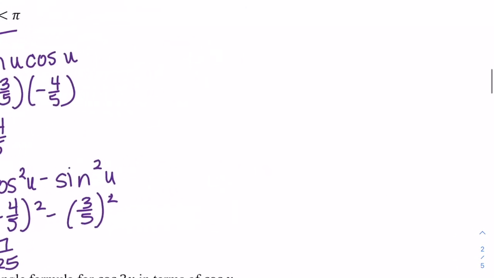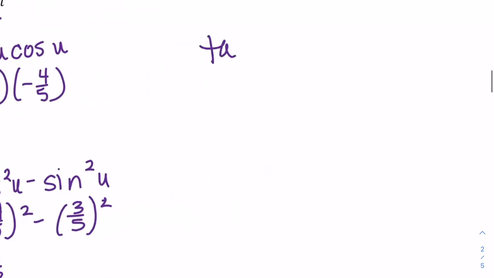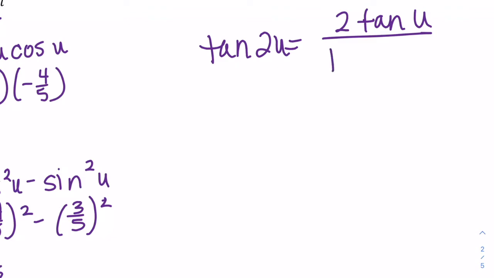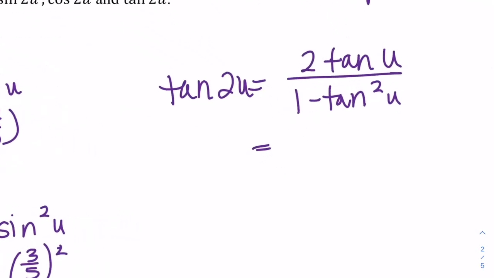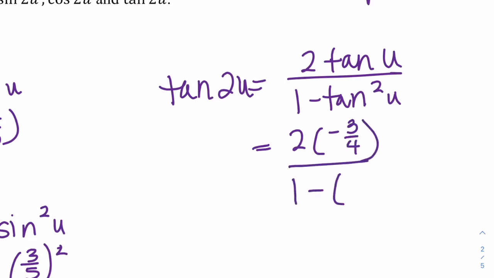Now for the tangent of 2u, that's just going to be 2 times tangent of u over 1 minus tangent squared. Again, we know that this is in the second quadrant, so tangent will be negative. So it's 2 times -3/4 over 1 minus (-3/4) squared.